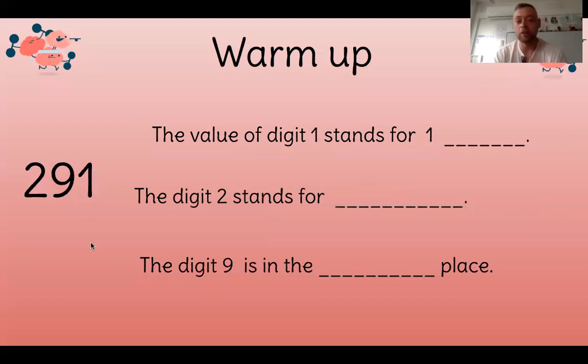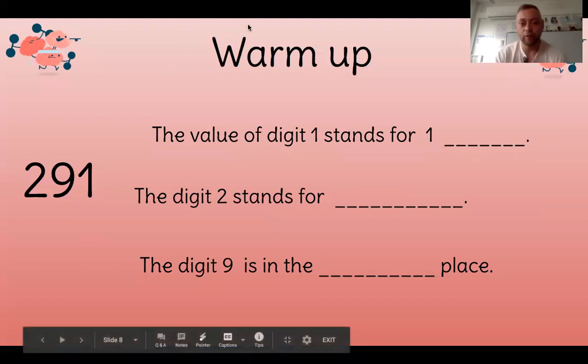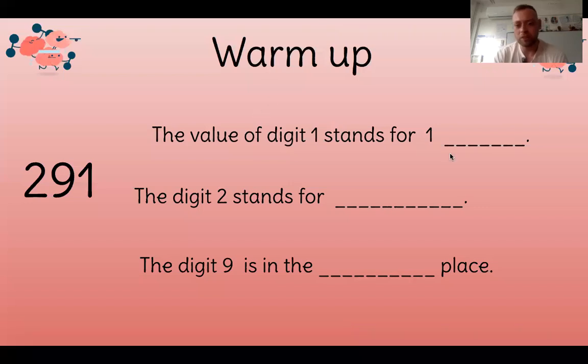Here we go, we've got another simple one. So I'm going to give you 10 seconds to have a look at it, have a read of it, and see if you can work out what each question stands for. So the first one says, the value of digit 1 stands for 1. So you probably told me it was 1 ones, didn't you?